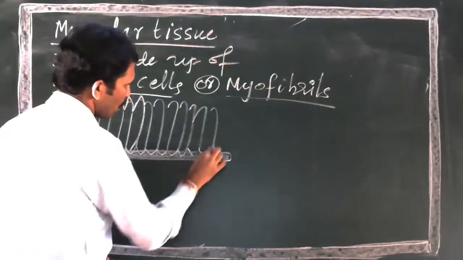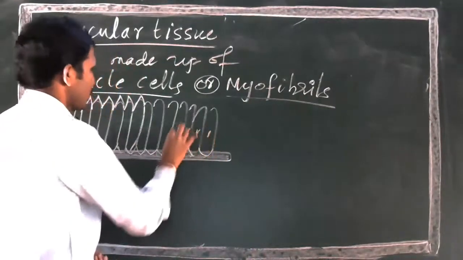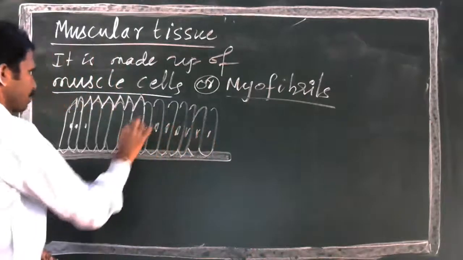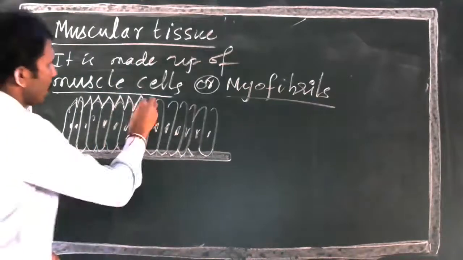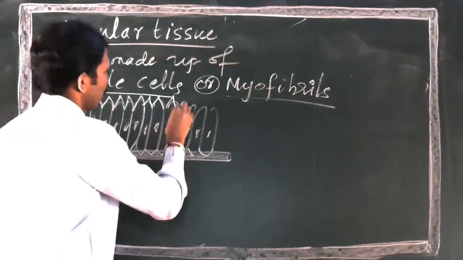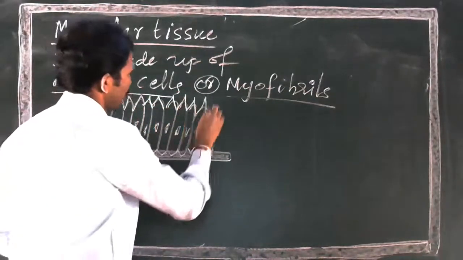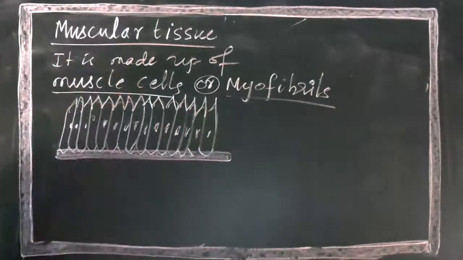These are myofibrils or muscular cells, as we call them. Like this they are arranged.